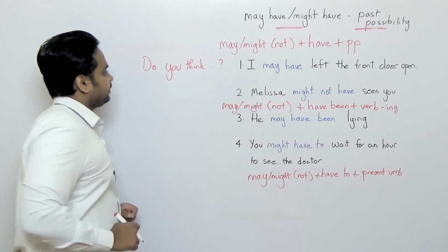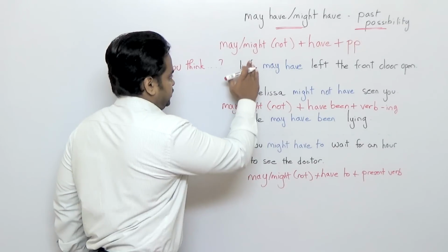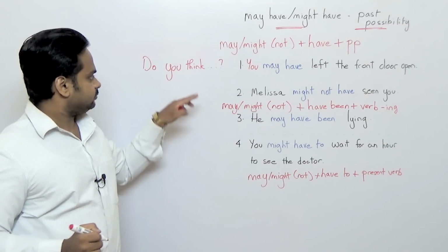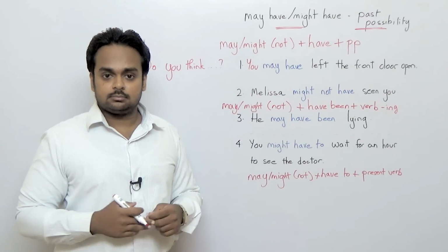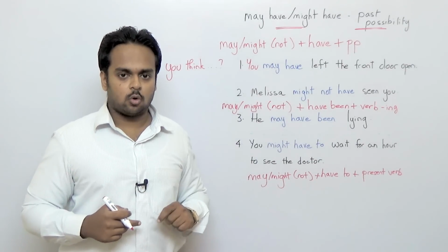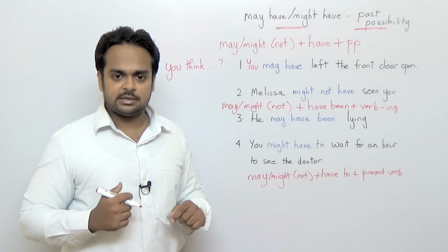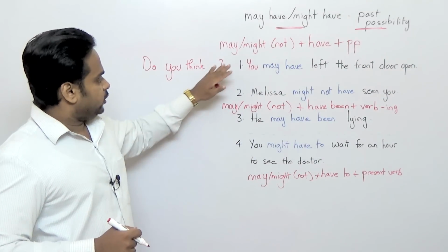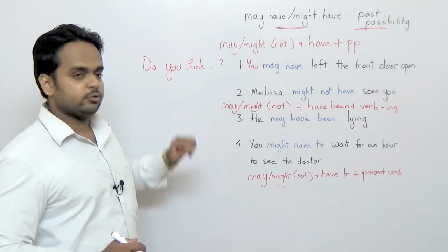Okay, you take that off. So in this sentence, I'm going to change this to you just to make it more realistic. So take a look at it. Do you think you may have left the front door open? So someone might ask me, hey, do you think you may have left the front door open? And I might say, maybe I did. I have to go back now. Okay. You can turn all of these into questions simply by using do you think?